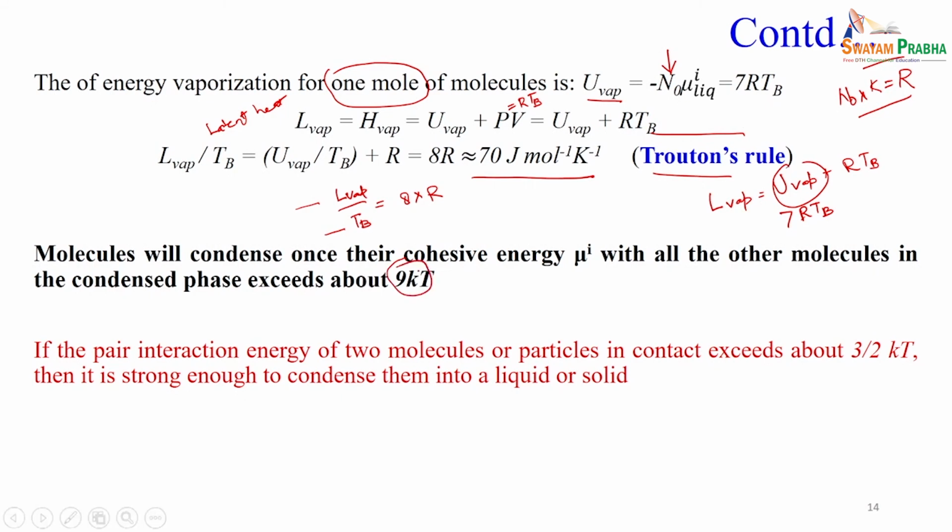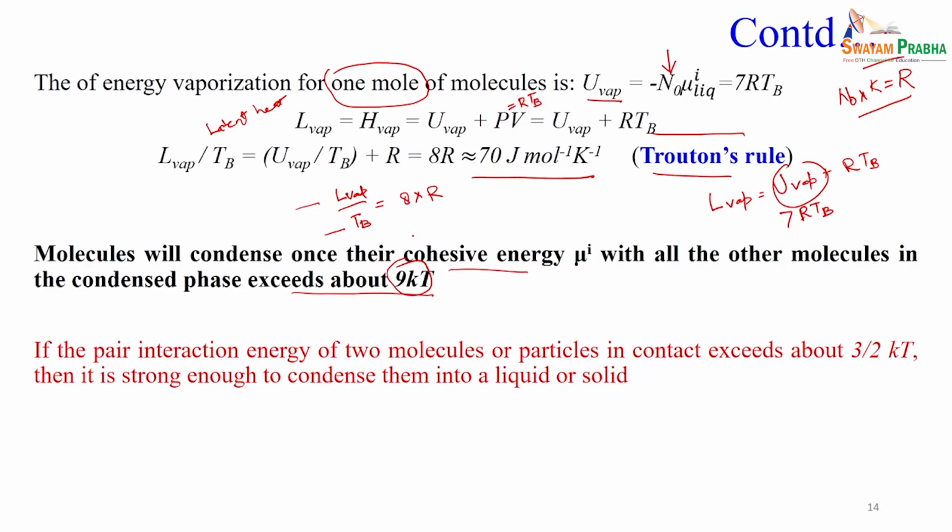Molecules will condense once their cohesive energy, or the self energy with all other molecules, exceeds the value of 9 kT. This is a typical value. If the cohesive energy exceeds 9 kT, it may condense from one phase to another phase.